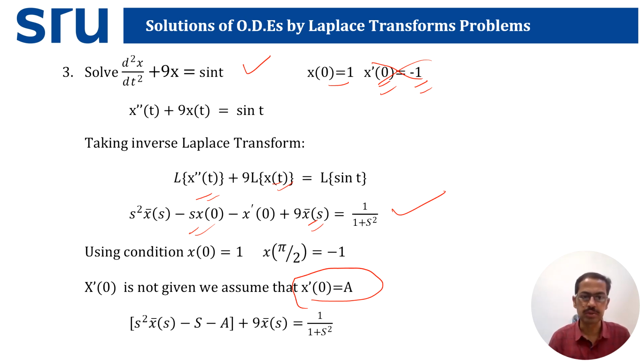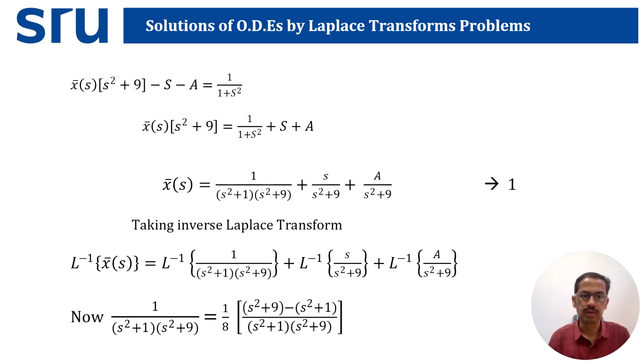So by substituting, x of 0 is 1, x dash of 0 is a, right? Now simplifying this, we get s square plus 9 into x bar of s, with s by s square plus 9, a by s square plus 9 on the other side.